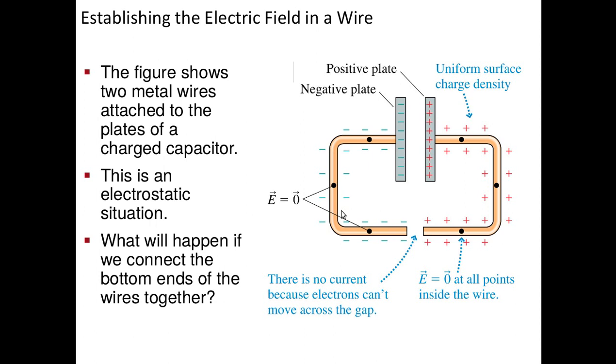We've got a bunch of negative charge over here and a bunch of positive charge over here. There's no electric field because there's no high charge and no low charge, and there's no connection. There's an electric field here between the plates, but inside the wire there is none.